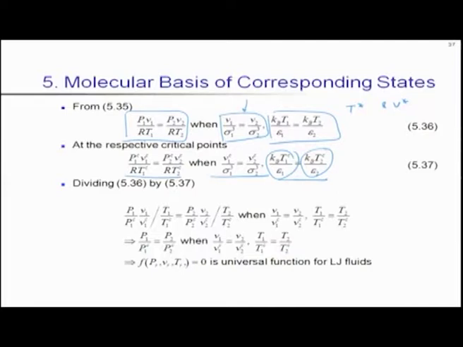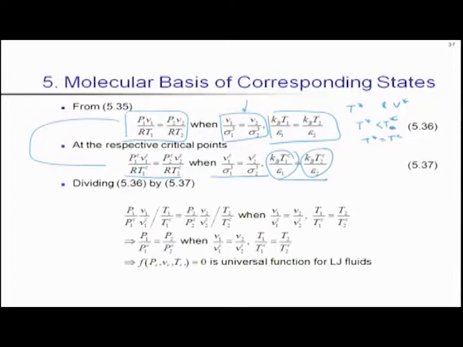Now you have two equations, one when T star is less than Tc, and one when we are considering T star equal to Tc. Using these two expressions, I can divide them.